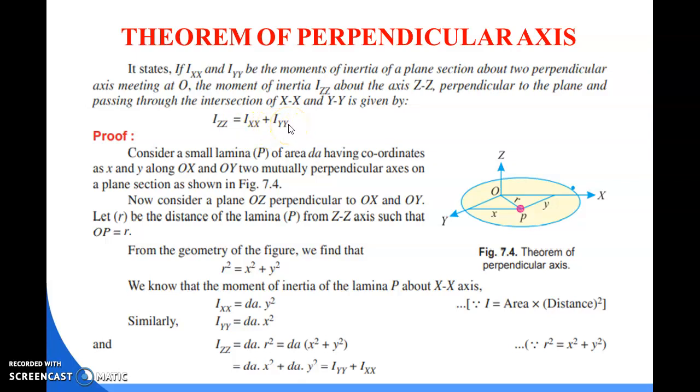So by formula, IZZ is equal to IXX plus IYY.